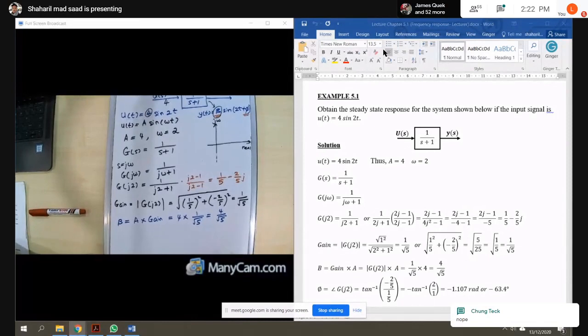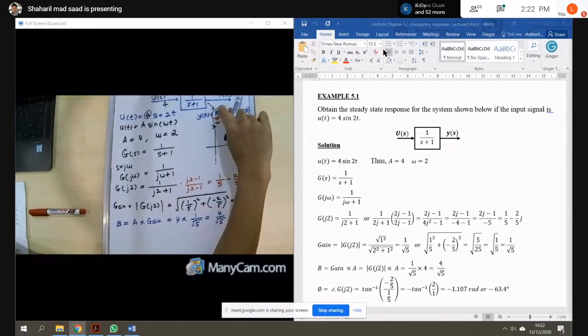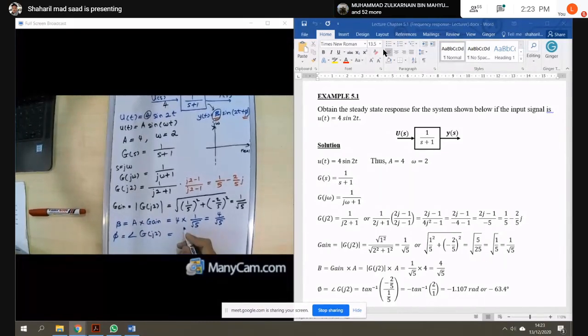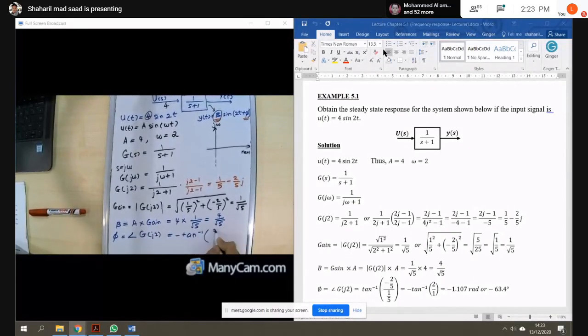So I can proceed. We want to find the amplitude B and also the phase shift. How do we find the phase shift? The phase shift is the angle of G(j2). So we have minus inverse tangent of (2 over 5) over (1 over 5).